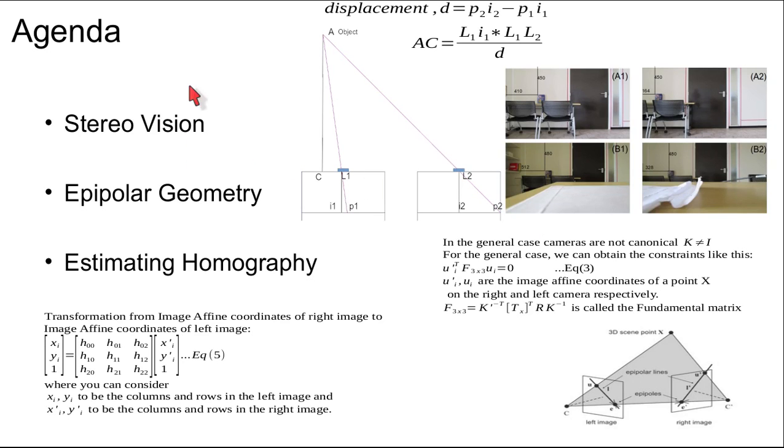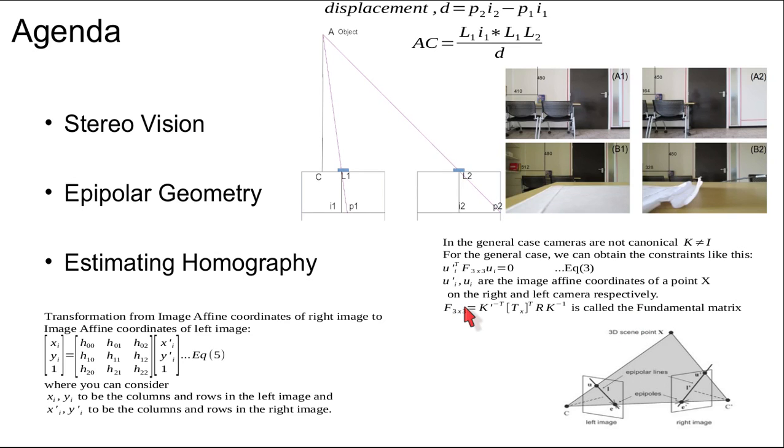To summarize, we studied stereo vision, where we understood how to identify the depth or the distance of an object from the camera given its displacement or disparity in 2 different image planes. We also studied epipolar geometry, which allows us to define a fundamental matrix.